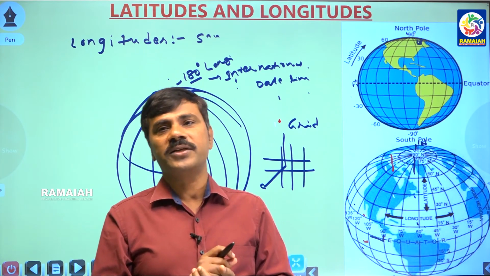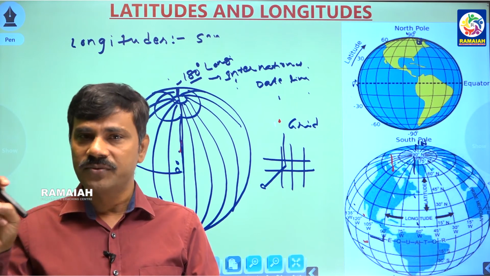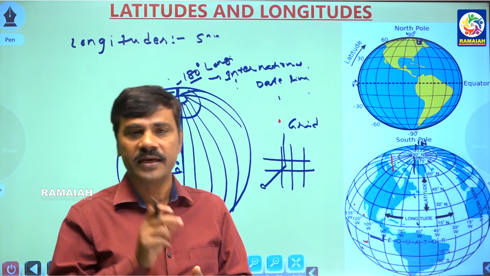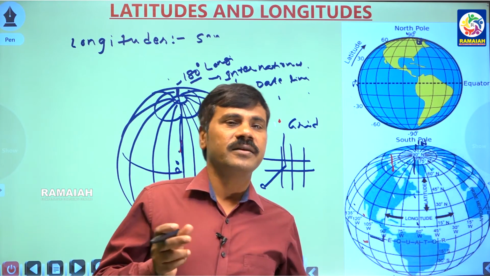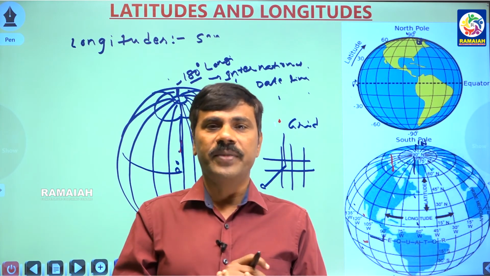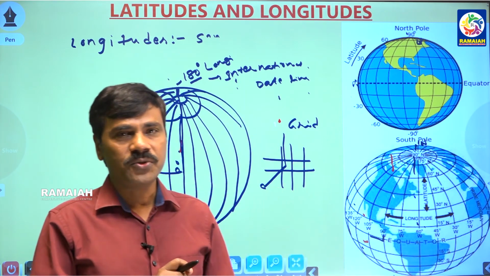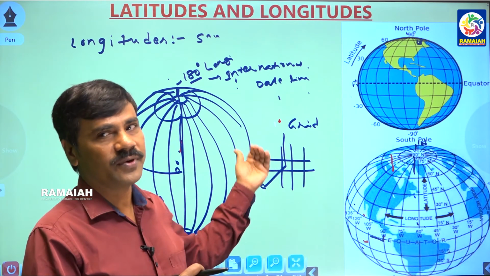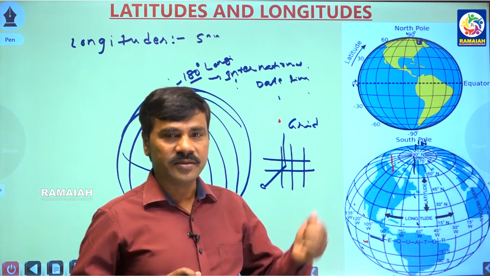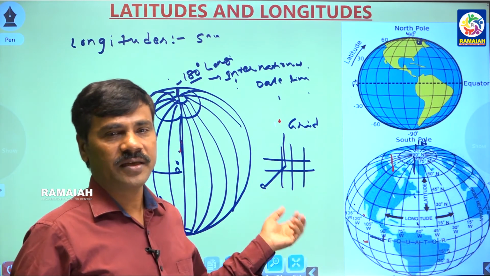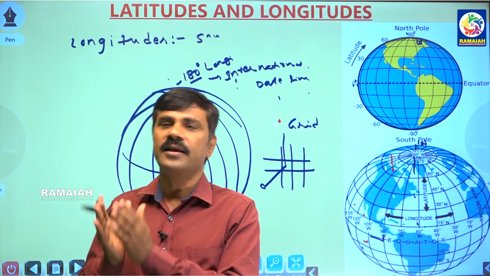So 180 plus 1 equator, the total number of latitudes is 181. The equator is the biggest circle. Each and every longitude starts from the North Pole and ends at the South Pole. On the eastern hemisphere there are 180 longitudes and on the western hemisphere 180 longitudes, so the total number of longitudes is 360.